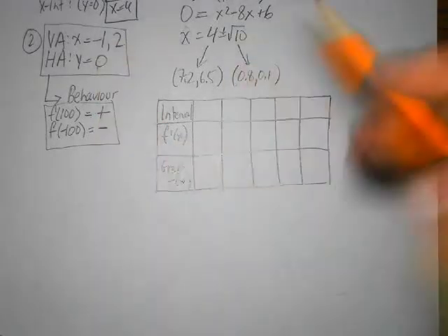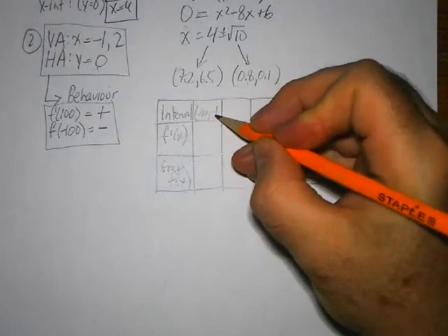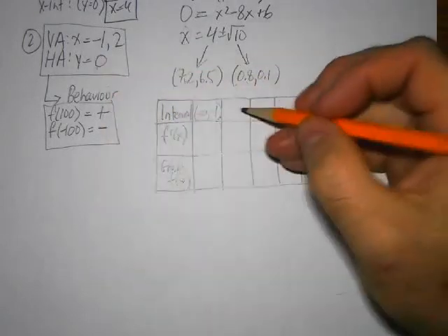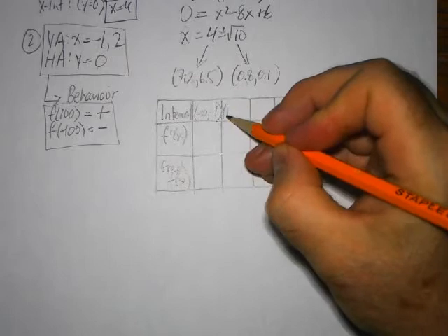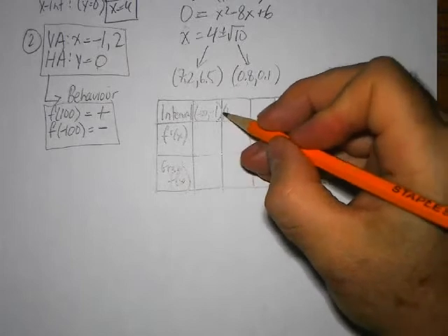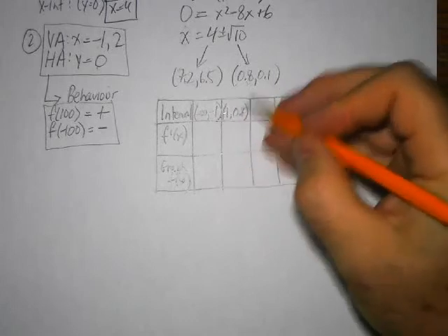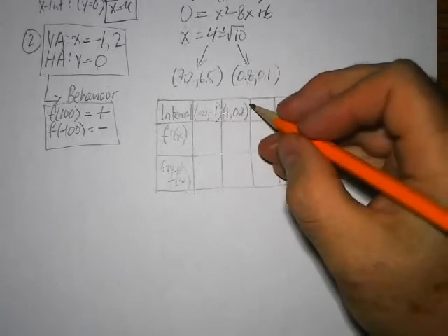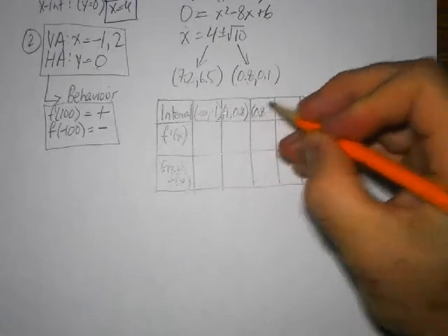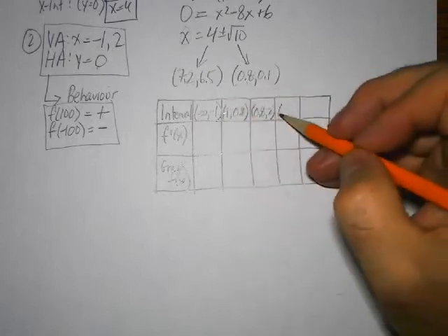So my first interval will be from -infinity to -1. And I'm going to put round brackets because at -1 I've got a vertical asymptote. Then from -1 to the next one, which is 0.8. So 0.8 is a critical point. And then from 0.8 to 2. And then the interval from 2 to 7.2.